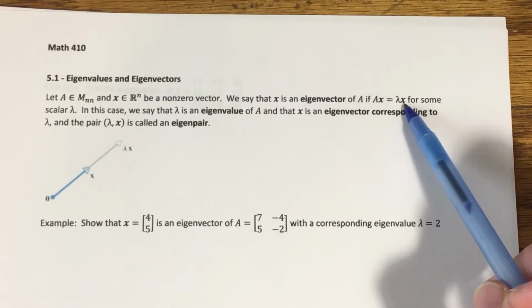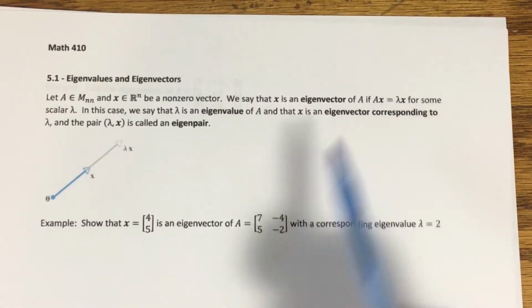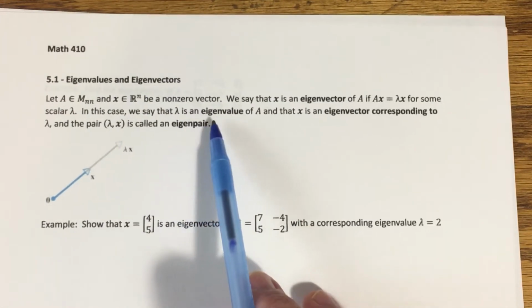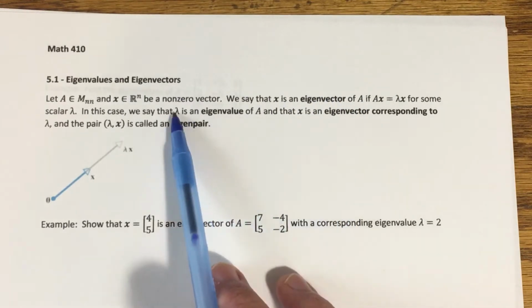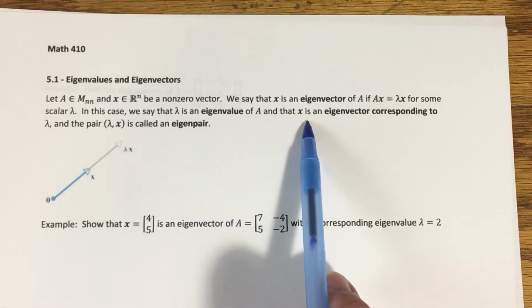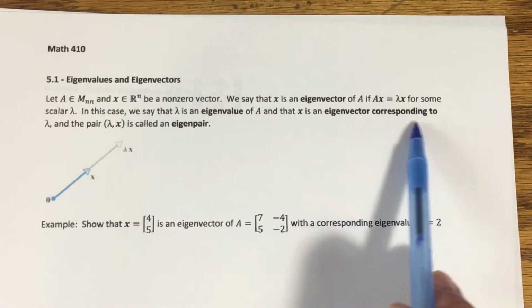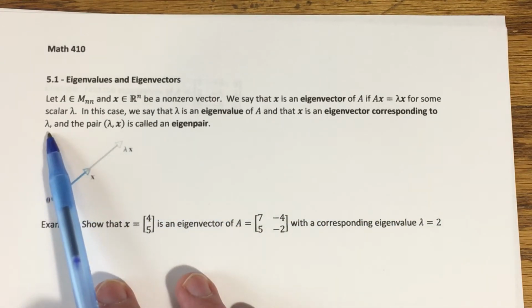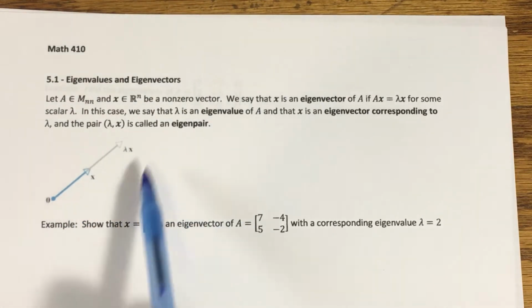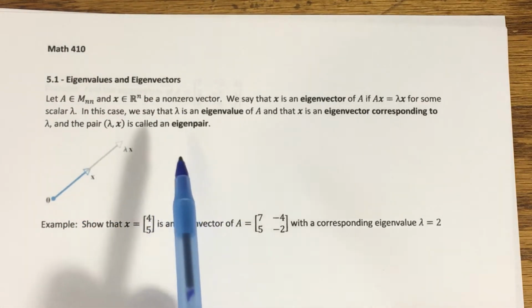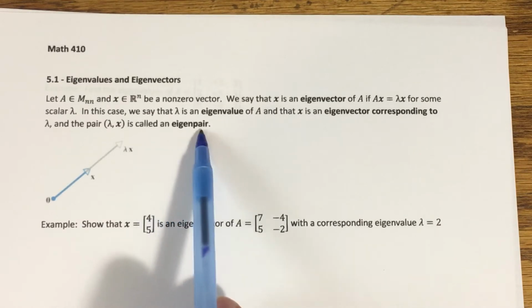If we can find such an x and such a lambda that do this, then we say that lambda is an eigenvalue of A, and x is an eigenvector corresponding to that eigenvalue lambda. Your book doesn't use this terminology, but it's really prevalent in other books, and it's useful to have.